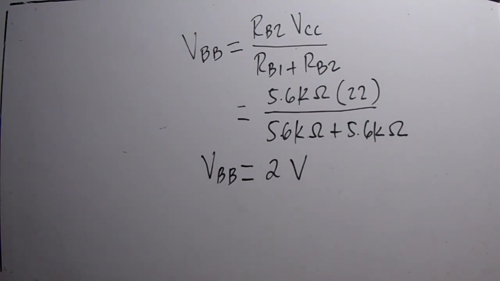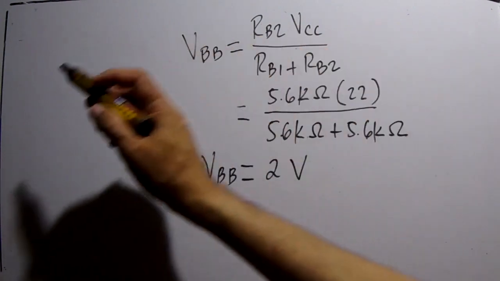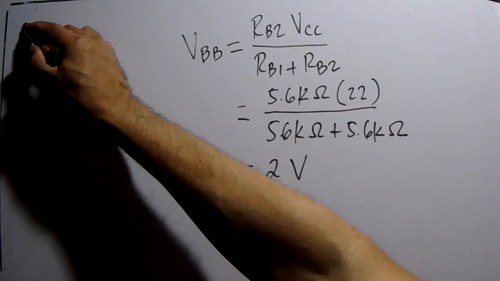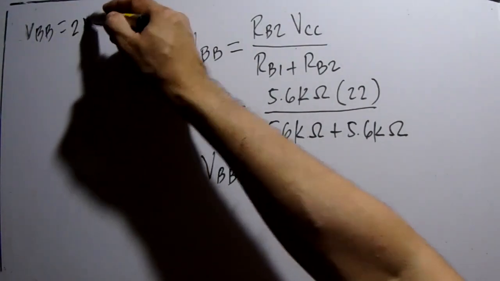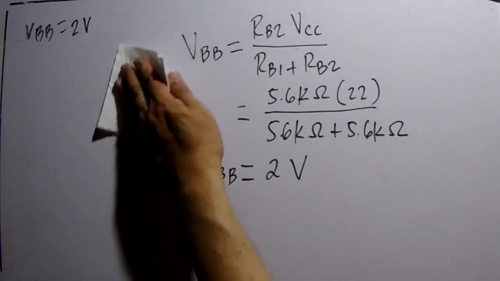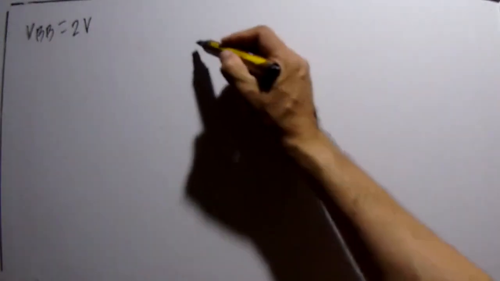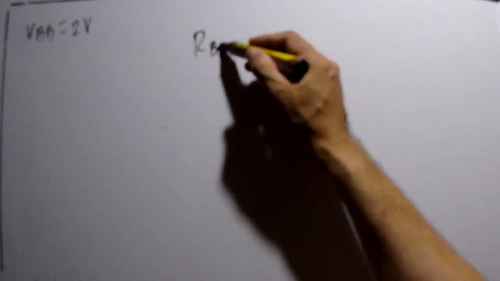Okay, for our RBB, let's just put the value here: VBB is equal to 2 volts. For our RBB, it is simply equal to the parallel combination of RB1 and RB2.